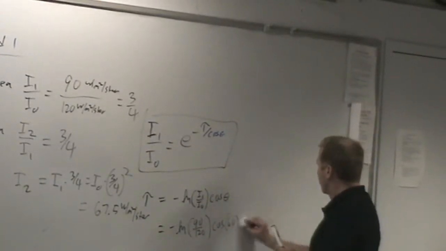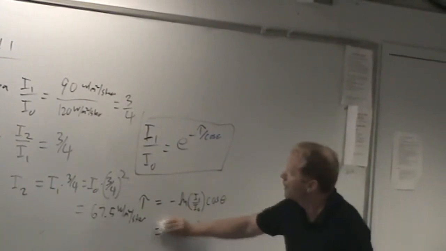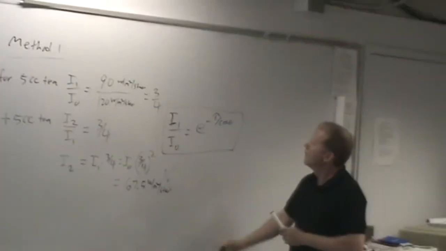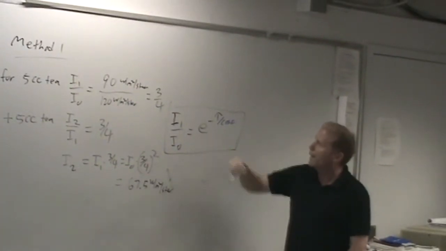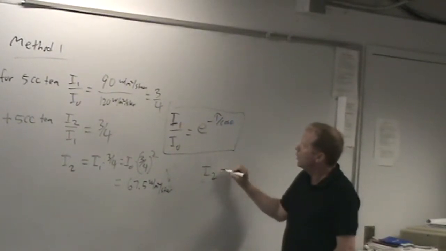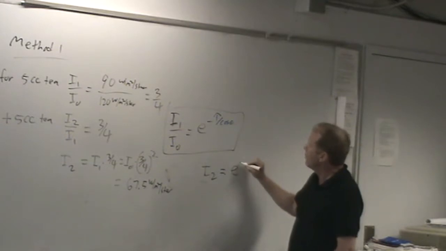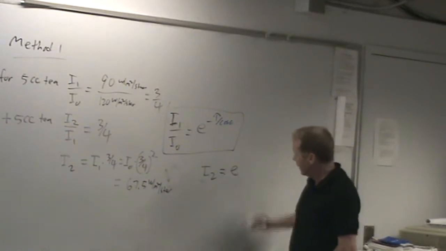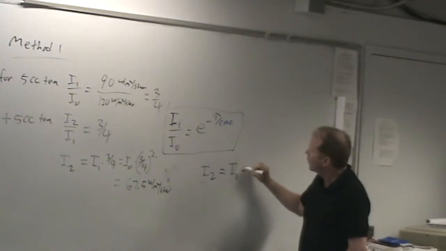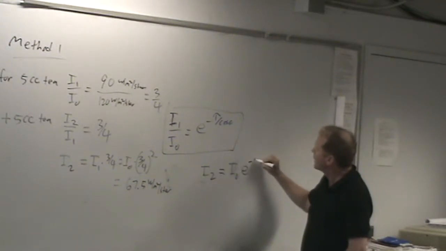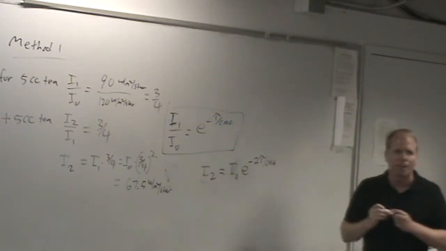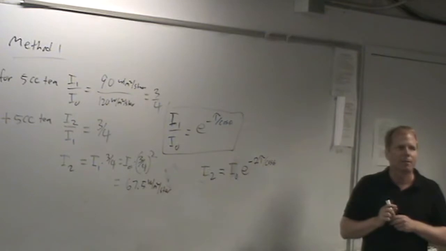But doubling the amount of T, you have to double tau, doubling the optical depth, yeah. I'm going to use that kind of notation. I2 is going to be equal to I0 times e to the minus 2 times tau over cosine theta. Does that make sense?